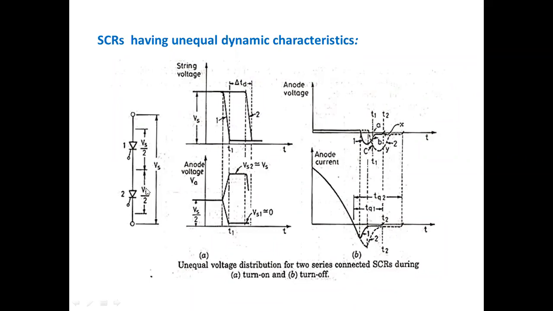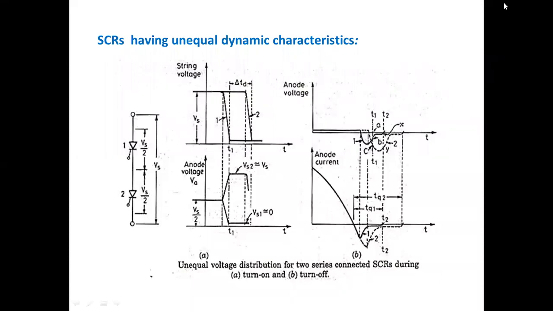Here we have the first SCR and the second SCR. Why is the turn on time of SCR2 more? Because the supply is given at the first SCR, and SCR2 comes after the first one. First one is here and the next one is here.